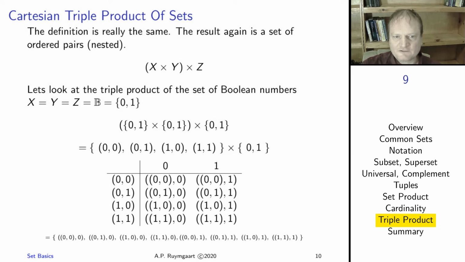What we get now is another set of ordered pairs in which the first element is an ordered pair. So we have a set of nested ordered pairs. And again, the cardinality of this result is the same as the multiplication of the individual cardinalities of the sets, which were 2 each. So the cardinality of the result here is 2 times 2 times 2. There are 8 elements in the result.